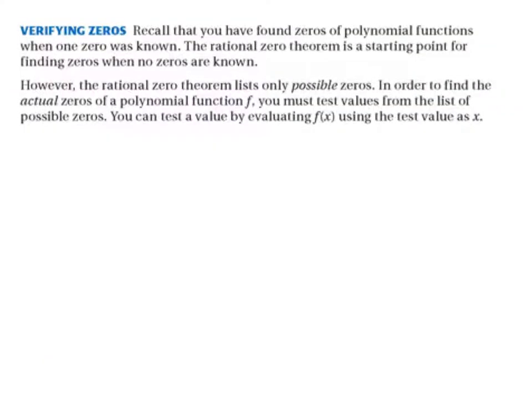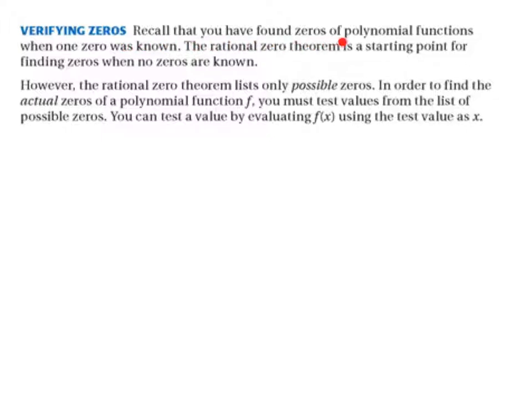All right, so we just practiced finding all the possible zeros for a big polynomial. Now we're going to learn how to verify those zeros. Recall that you have found zeros of a polynomial function when 1 zero was known. We did that back in section 2.5.